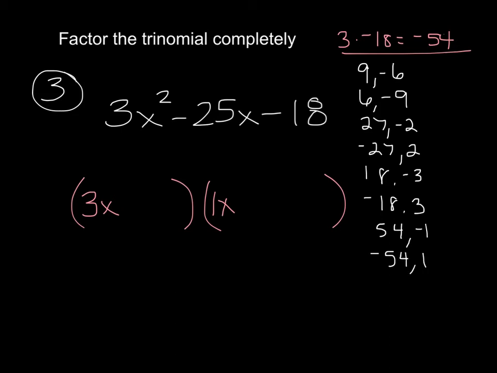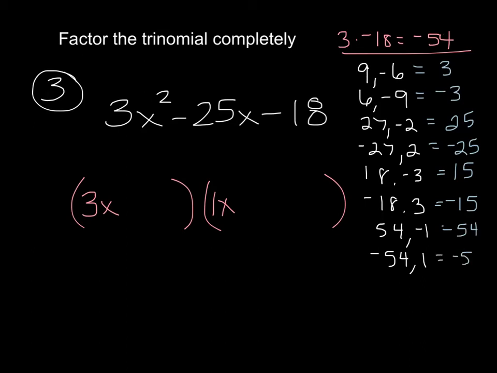We're going to go through and add all these together. So 9 and negative 6 gives you 3. 6 and negative 9 is negative 3. 27 and negative 2 is 25. Negative 25. 15. Negative 15. 53.